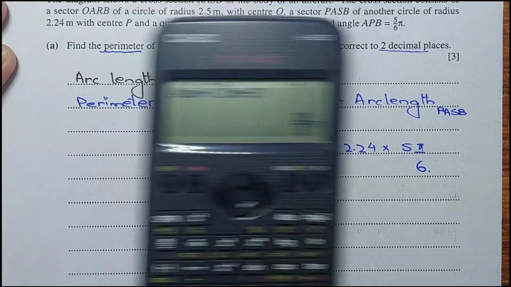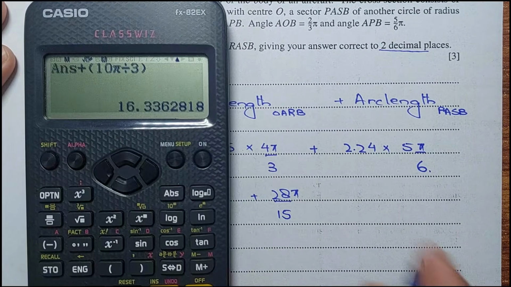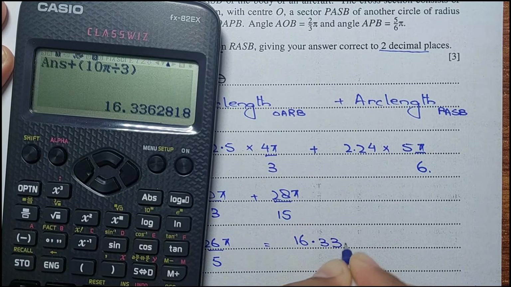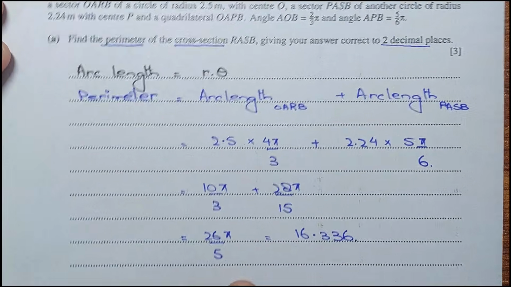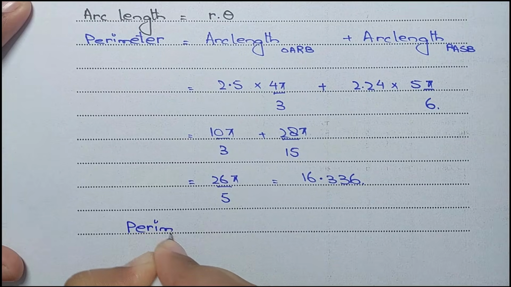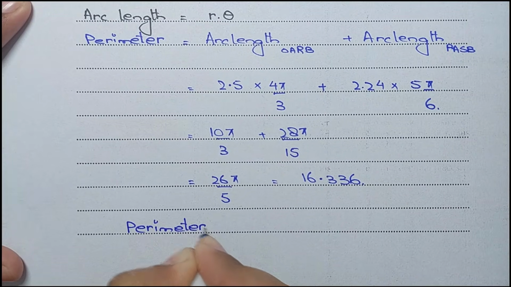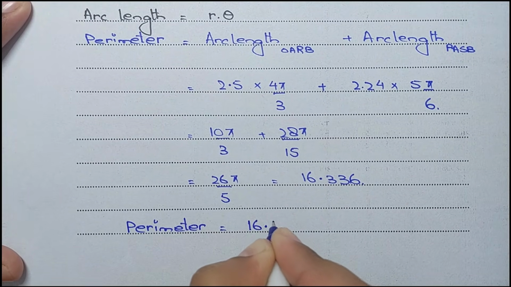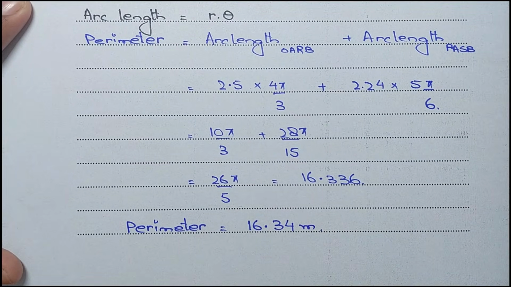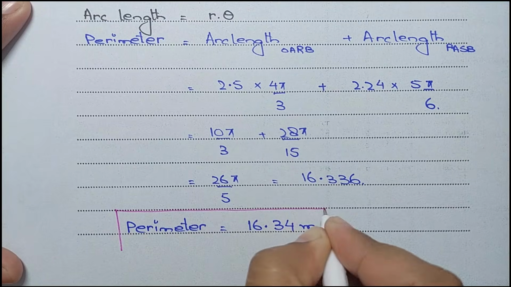That is the final answer, but we need it in decimals. So up to two decimal places, 16.336. So the final answer for the perimeter is 16.34 meters. That is the final answer of the perimeter up to two decimal places.